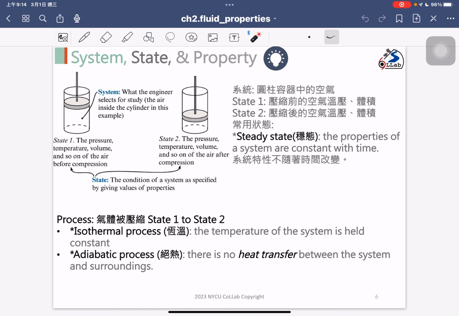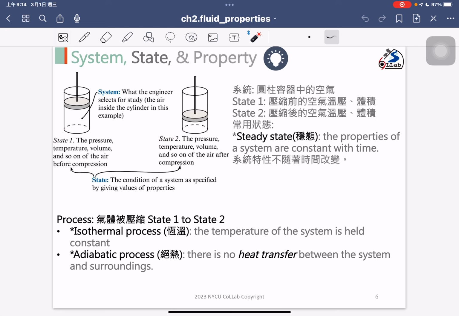The reason I separate state 1 and state 2 is that I assume the system is under a compression process. I wonder how the properties change before and after the compression, so I define state 1 and state 2 and see what happens to the properties.